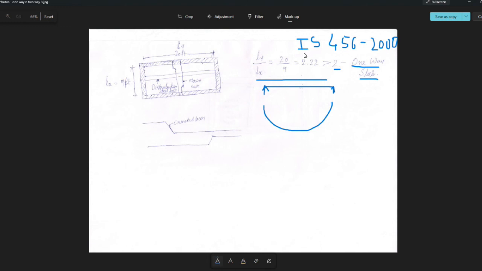If you refer to this code book, you will get it online. There you can also download it and go through it. There they have mentioned that Ly by Lx, if it is less than 2 then go for two-way, if greater than 2 go for one-way. In the one-way slab, the load goes in only one direction, so there we provide the main bars, and in the other direction we put distribution bars. So this is how we're going to put it.